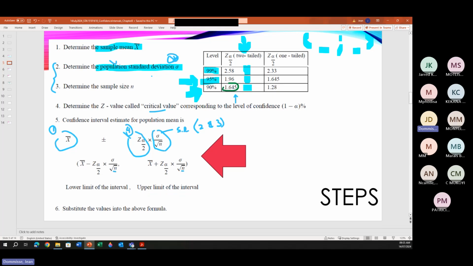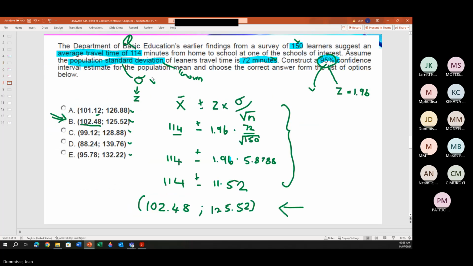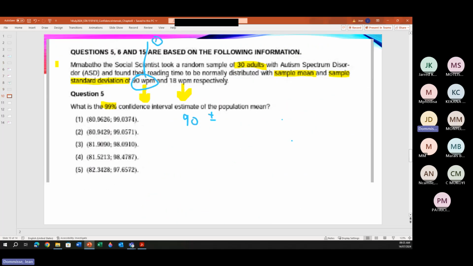Let's look at the standard deviation. The standard deviation is 18. So that is fine. We've got our sample size of 30. So that will be your standard error.